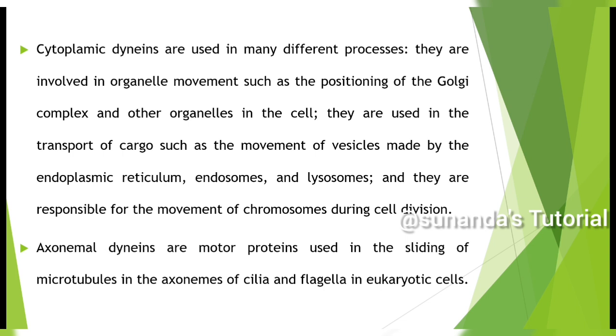They are responsible for movement of chromosomes during cell division. Axonemal dyneins are motor proteins used in the sliding of microtubules in axonemes of cilia and flagella in eukaryotic cells. So they help in organelle movement during the movement of cilia and flagella. So these are many functions.